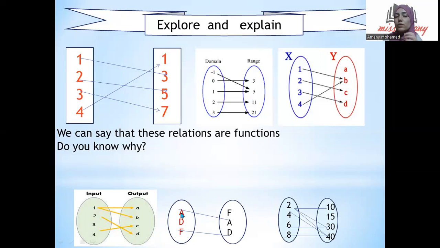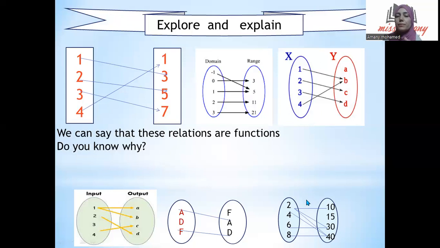Here also, not each element of the first set has an image in the second set. So we can't say this relation is a function. No, this relation is not a function. Who can tell me whether this relation is a function or not, and why?